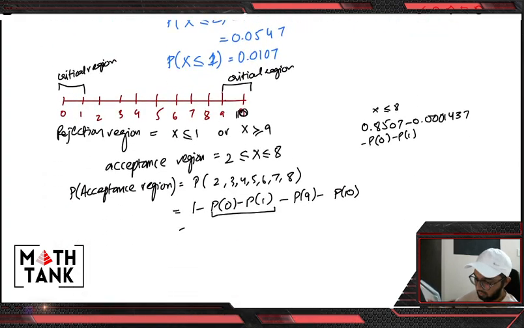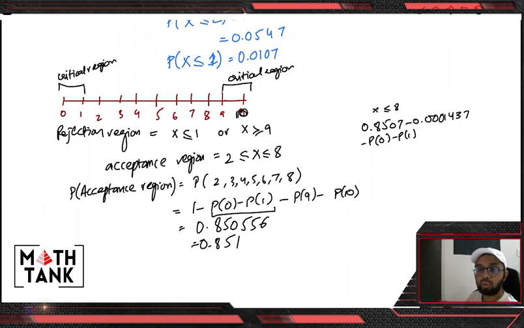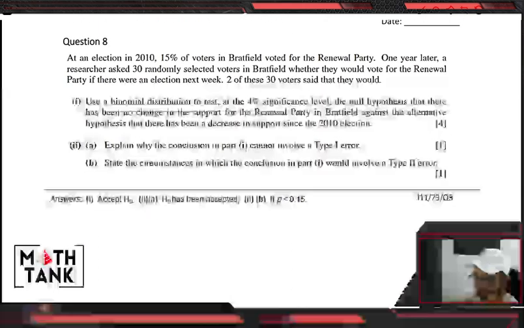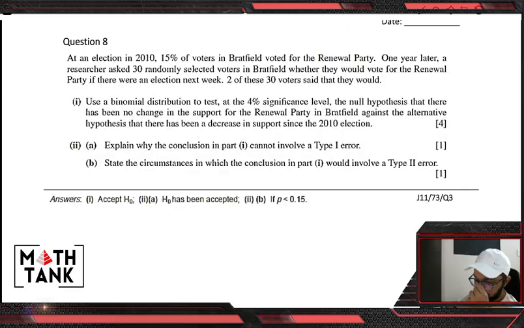Yes, 0.850556, which is 0.851. So that is a two-tailed question, which a lot of people keep asking me. Yes, two-tailed tests can appear in both binomial distributions and Poisson distributions as well. With normal distributions they're relatively easier, but that is something you also need to know for your exam.